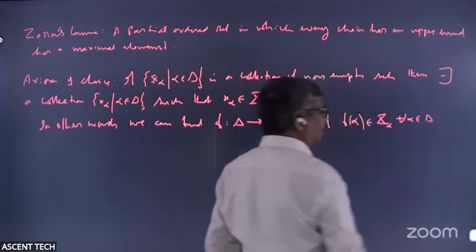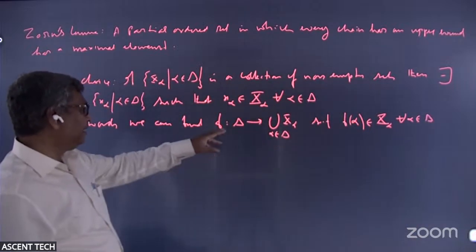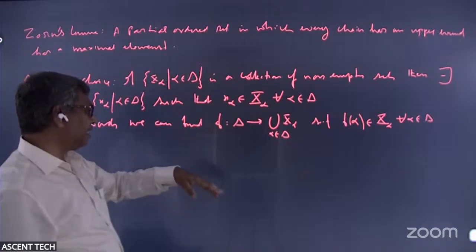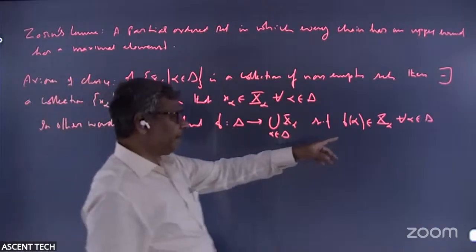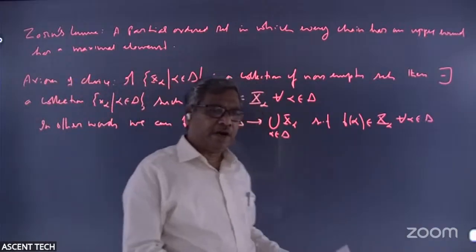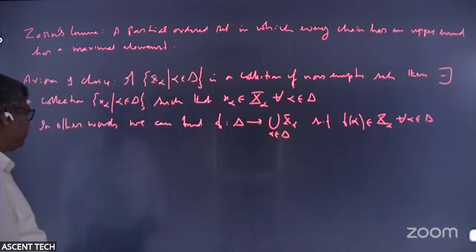So I can create a function from the indexing set to the union of all X_alpha, so that for each alpha in the index set, f of alpha is an element of X_alpha. Such a function we sometimes call the choice function for this family.